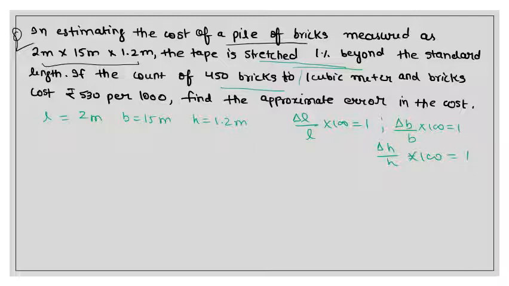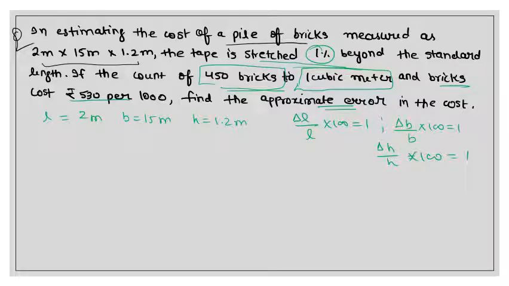Now, it was for 450 bricks. So in 1 cubic meter, that mason counted that 450 bricks will be fitted there, okay? And the cost which he provided is 530 per thousand bricks. So you have to find out the approximate error, because the measurements had been taken wrong, so there would be error, correct?